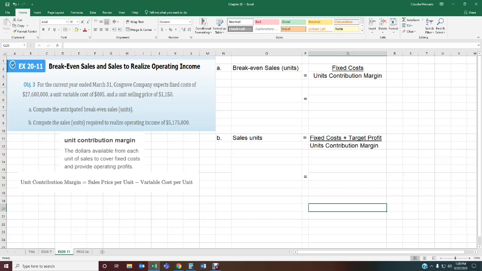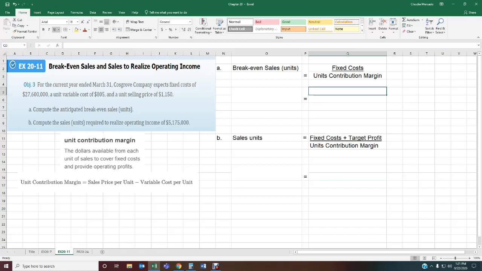My unit contribution margin is the dollars available from each unit of sales to cover fixed costs and provide operating profits. The formula is your sales price per unit minus your variable cost per unit, and that gives you your contribution margin.